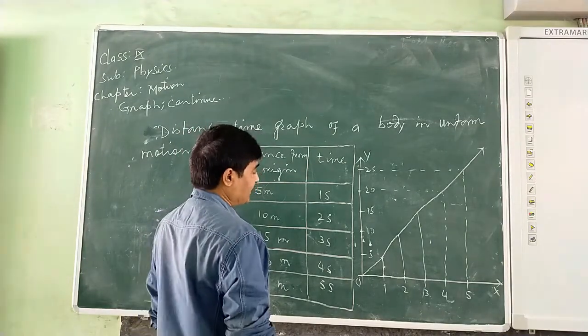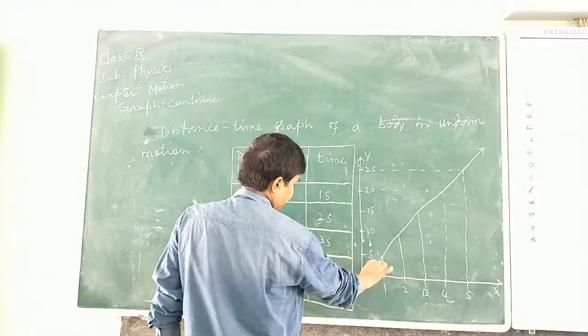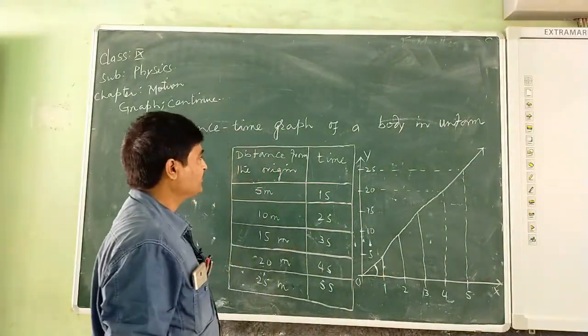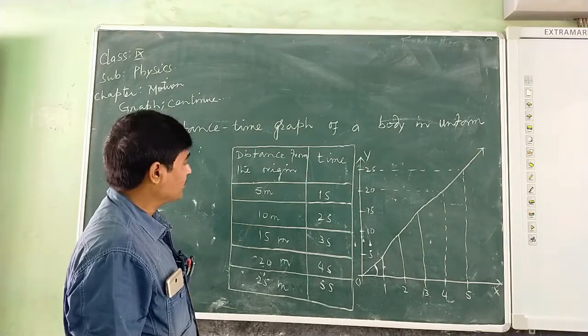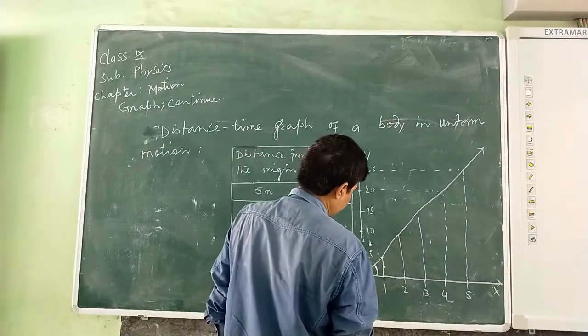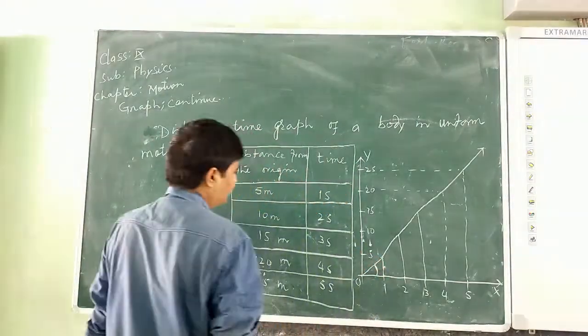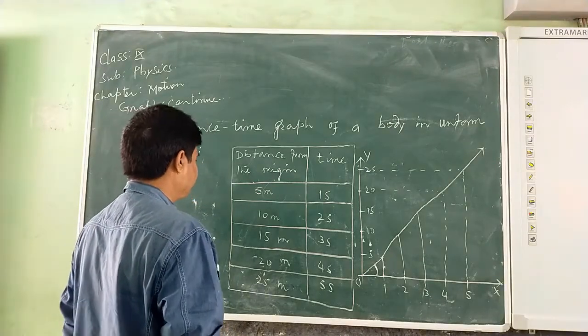The inclination of the graph with the x-axis is called slope. This angle is called slope. What does the distance time graph of a body in uniform motion give us? It gives us the slope, which tells the speed of the body.